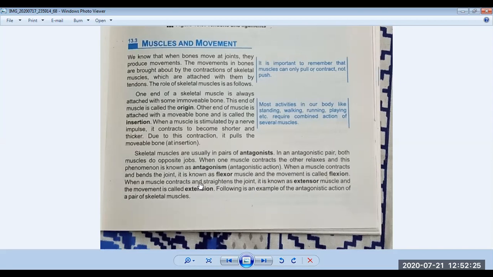When a muscle contracts and straightens the joint, it is known as an extensor muscle, and the movement is called extension.